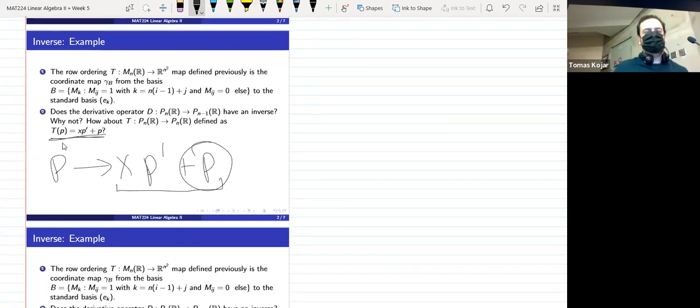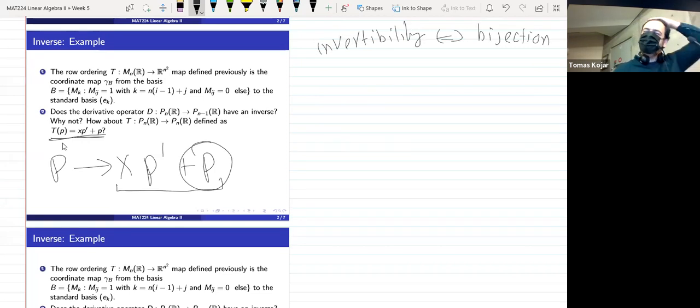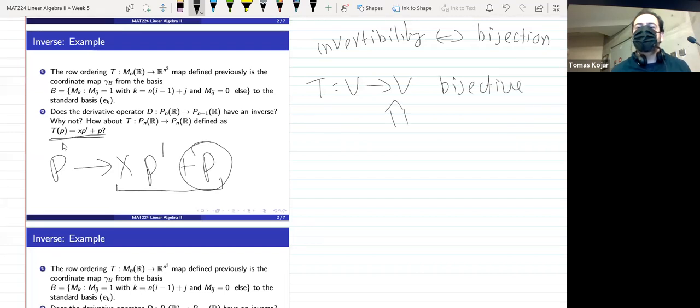So what do I want to talk about? I want to show invertibility. The quickest way is to show bijectivity. When you have a map from V to V and you want it to be bijective, what is the simplest criterion to show that? We proved this. I just want to see if you remember.